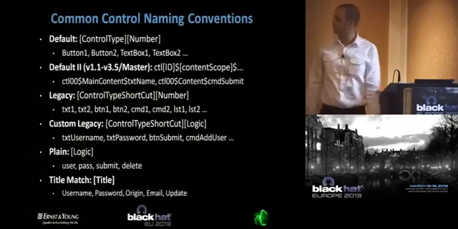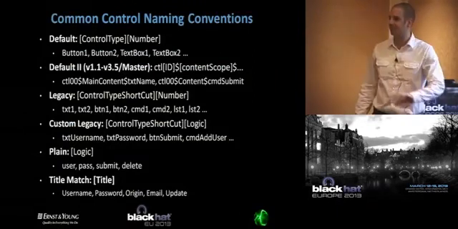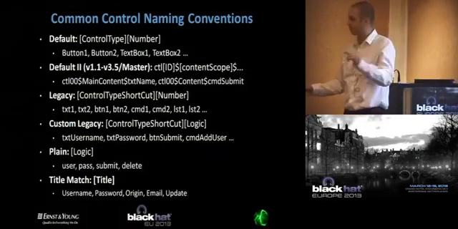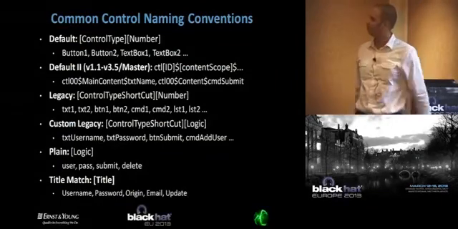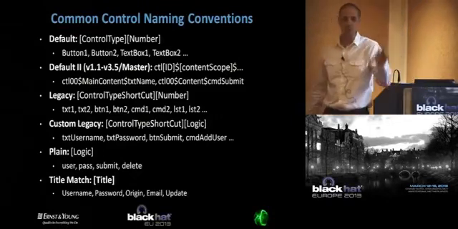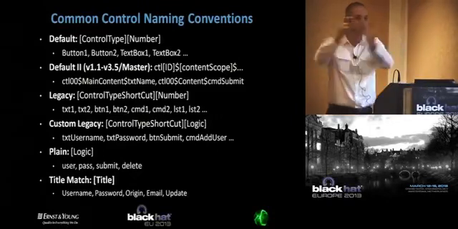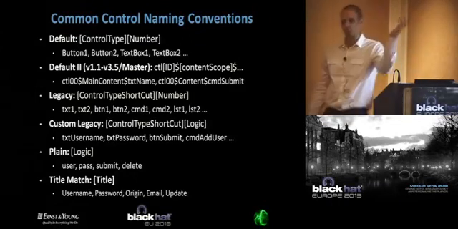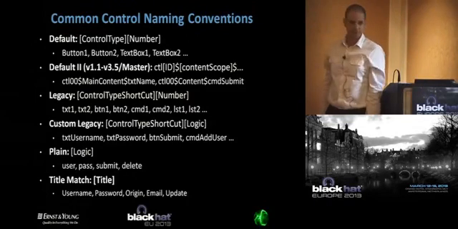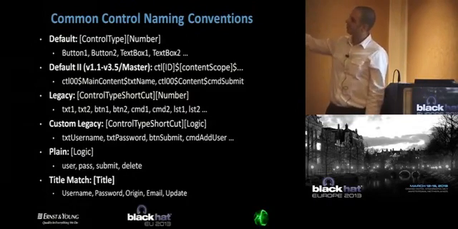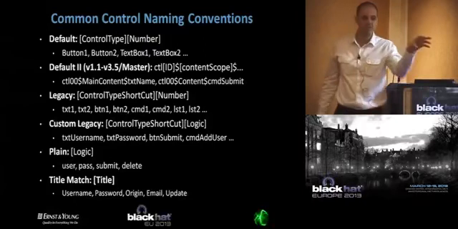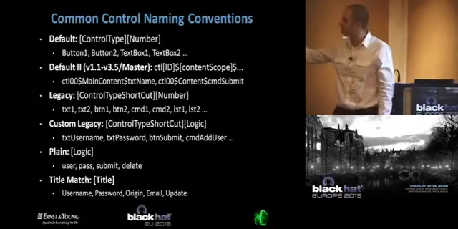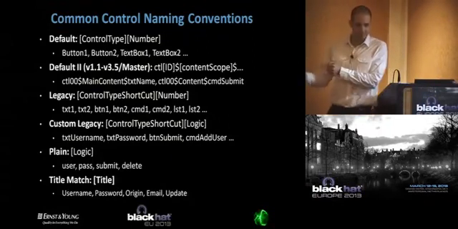Now, the naming convention in .NET is very simple. That makes the process even simpler than running a tool such as DirBuster, which enumerates files and directories. Since the naming convention of controls by default is the type and some sort of sequential number, such as button 1, button 2, button 3, text box 1, text box 2, etc. And even if it gets more complicated, such as in certain versions of .NET, or when you use a master page, the convention is still something that we can predict.